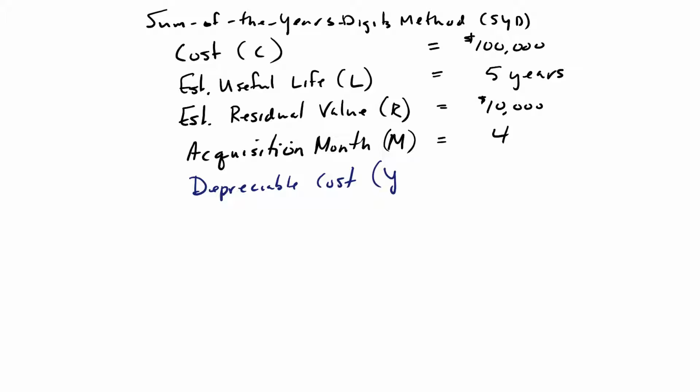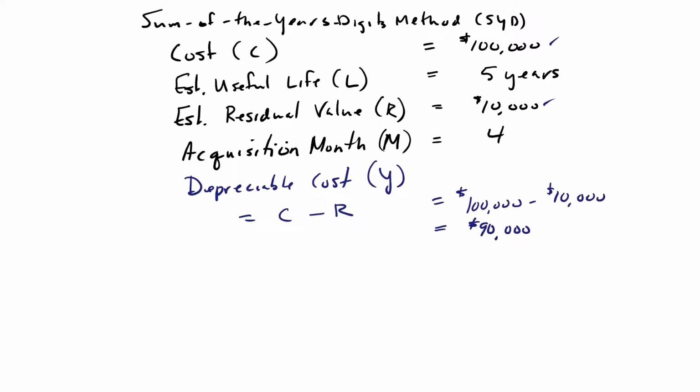That's going to be equal to our cost minus our residual value. So in the context of this problem, that is 100,000 minus 10,000, and of course that will be $90,000. That basically represents the total amount of depreciation that we want to take over the useful life of the asset, because we depreciate an asset down to its residual value but not below.